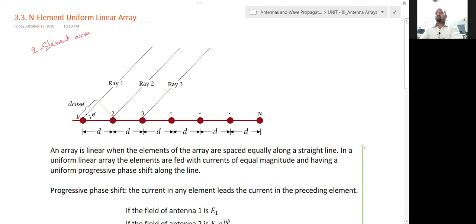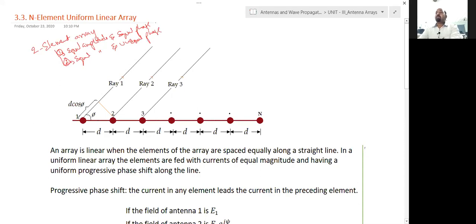For the two element array, we have seen two different cases: one equal amplitude and equal phase, and second, equal amplitude and unequal phase.